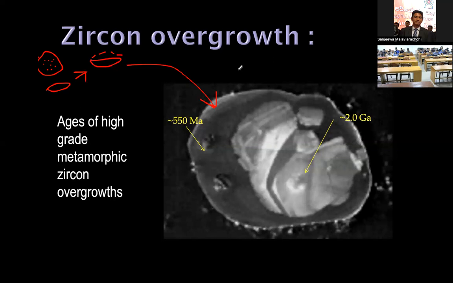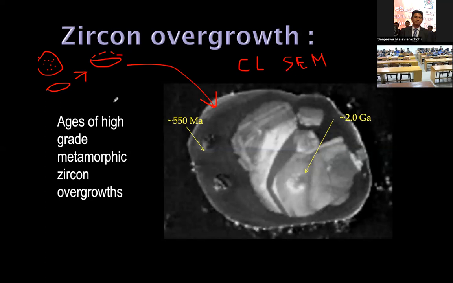And then there will be a technique called the cathodoluminescence technique, CL technique. For doing that, there is a detector attached to an SEM, right? We have an SEM at our department, but we don't have a CL detector in that SEM. There are SEMs equipped with CL detectors.